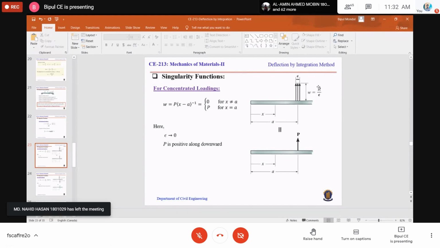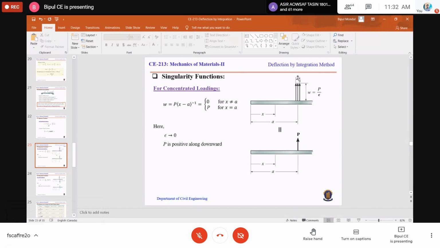So if P is the applied force, and this force is concentrated force, and this force is acting within this small length, and as the length is very small, we can say this force is distributed uniformly over this length, and epsilon is the length.